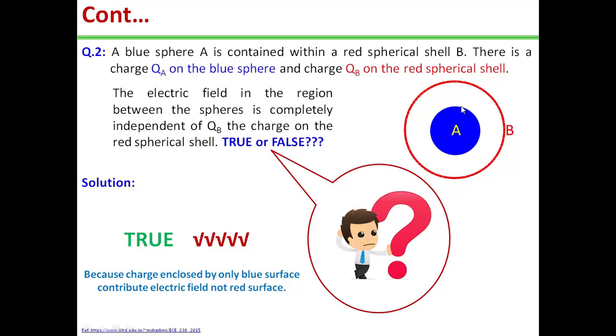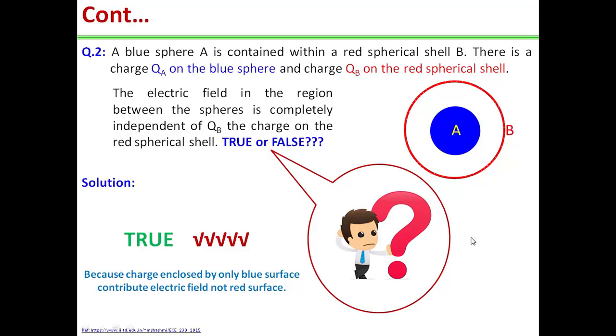In the region between A and B, there are no electric field lines that depend on the charge QB, because outside the spherical shell B we have an electric field due to the charge enclosed by B. But between A and B, there is no contribution of QB, which is located outside the boundary.